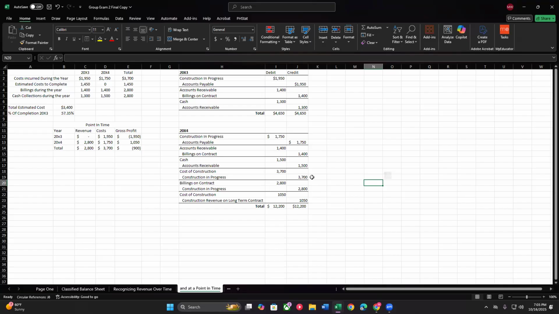But should it be construction in progress? Shouldn't that be AR? No, because they did pay us already. They paid us everything that we were owed by the end of the year. But wouldn't that cancel out the AR at the top? Oh wait, never mind. No, I think I'm just being dumb right now.